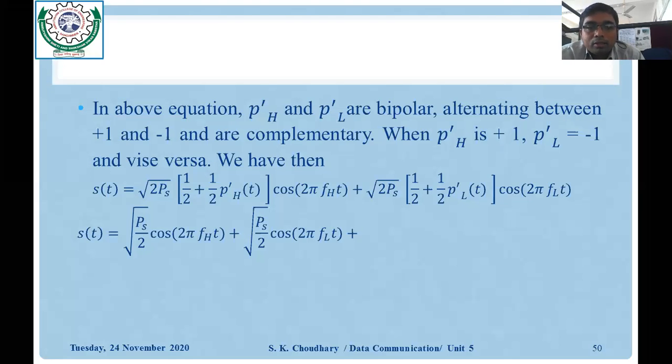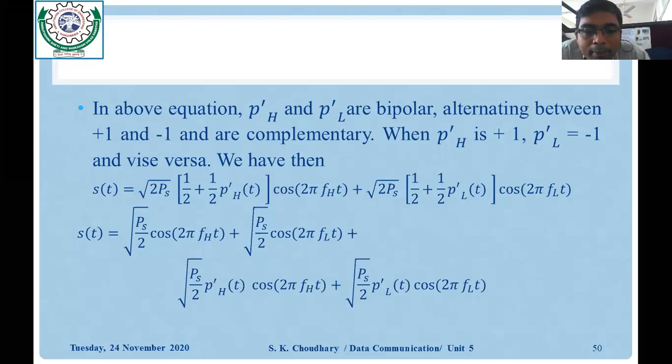Now just separate out the similar terms. ST is equivalent to square root of PS/2 cos 2 pi FHT plus square root of PS/2 cos 2 pi FLT plus square root of PS/2 P dash HT cos 2 pi FHT plus square root of PS/2 P dash LT cos 2 pi FLT. So now there are 4 terms, reduced from the previous equation of ST.